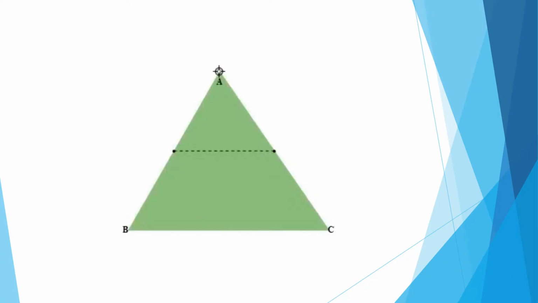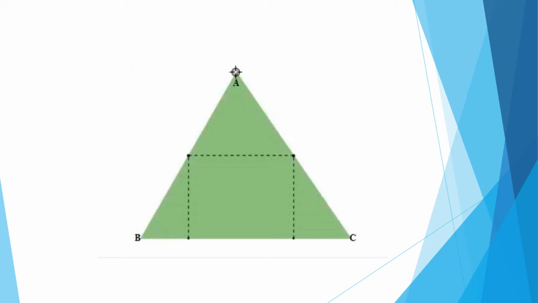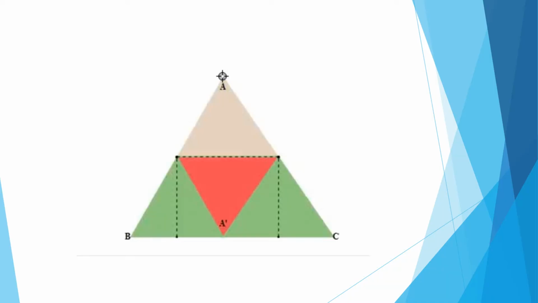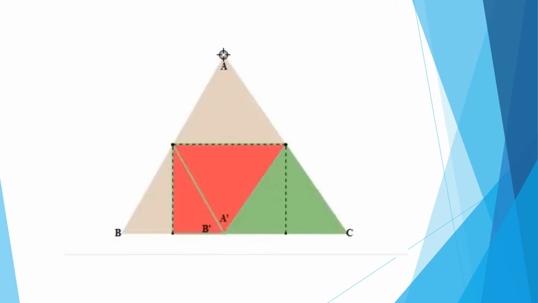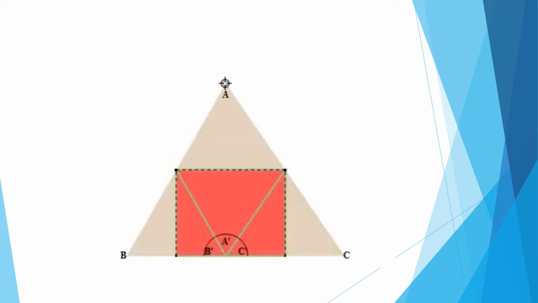Then, form the perpendicular folding lines to the base, segment BC. Construct the perpendiculars from the midpoint to the base. Make folds across these segments. 1, 2, 3.